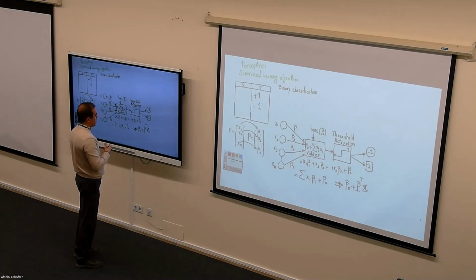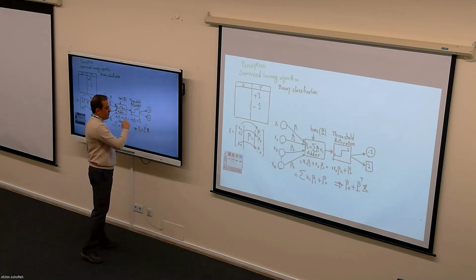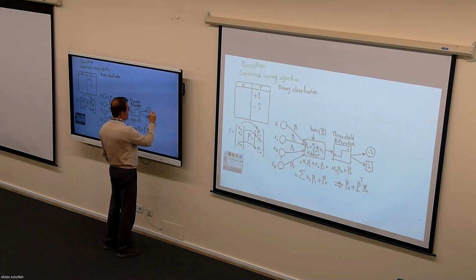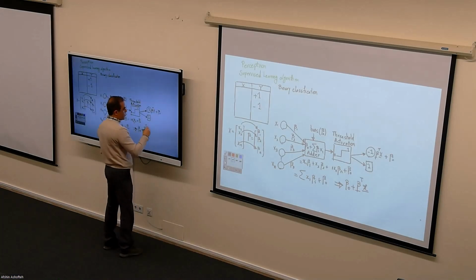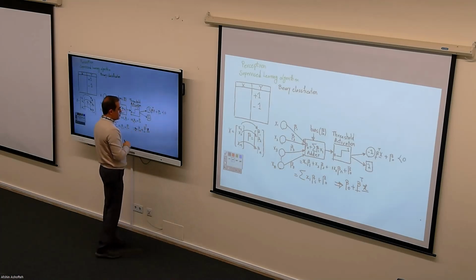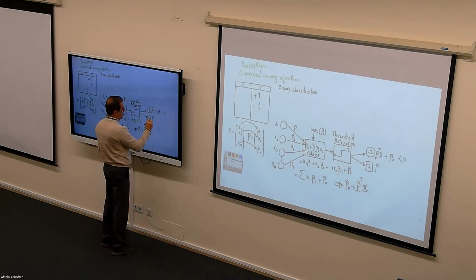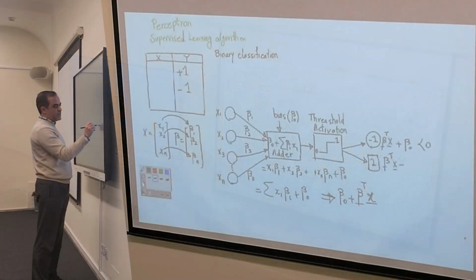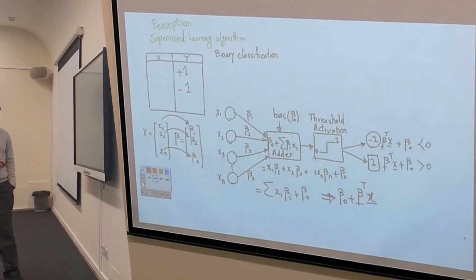So we can have different values for the response: if the beta transpose x plus beta 0 is lower than the threshold, like 0, and if it is greater than 0, we can consider it as a good loan, with a value of 1.